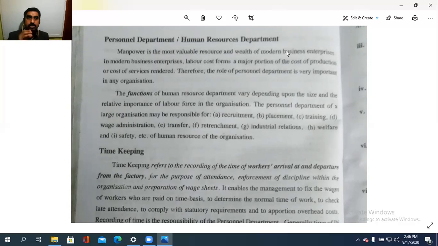Then how the labor cost is to be controlled and what are the objectives with regard to controlling the labor cost. Like trying to reduce idle time, reduce overtime, placing skilled workers in apt jobs, semi-skilled, trained, experienced hands, reducing labor turnover to the minimum, and trying to reduce the cost of production. All these are the objectives with regard to labor cost control. Then we saw which department deals with this: the HR department.